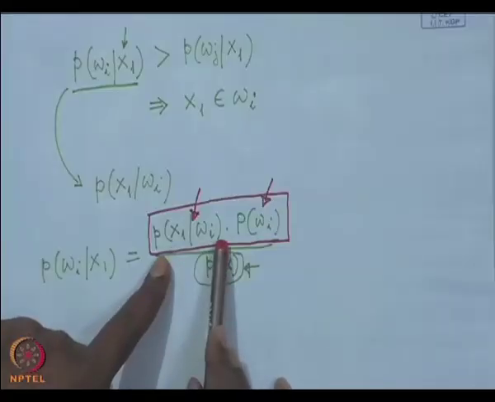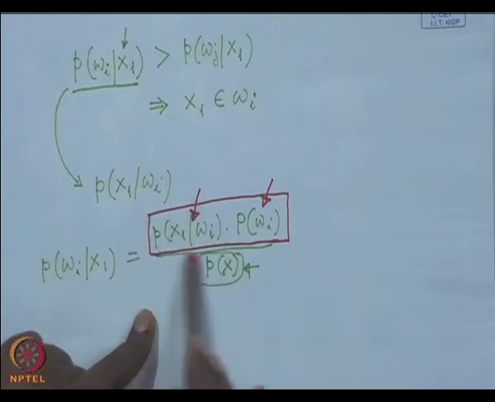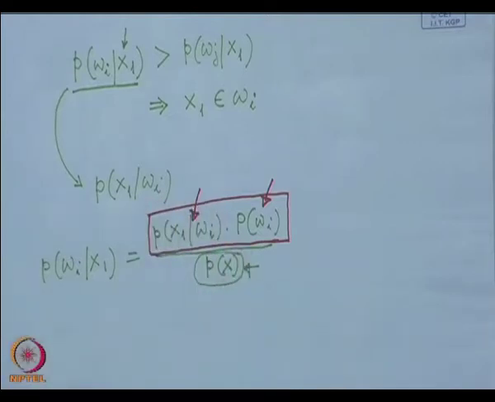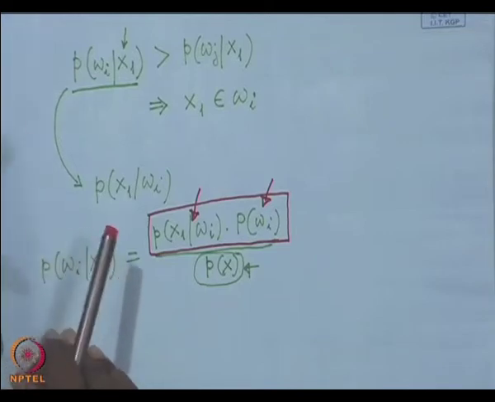I have a set of samples, and using those samples, I have to estimate P of x 1 given omega I. And obviously, I do not assume that this probability distribution function follows any known parametric form. Okay. So, how can we do that? That is the problem that we are going to discuss today, and maybe tomorrow and the day after as well.